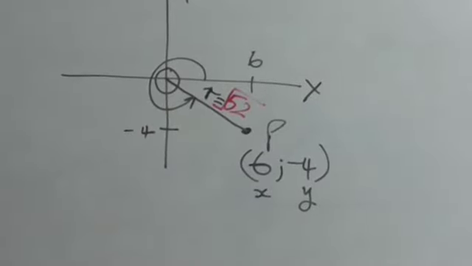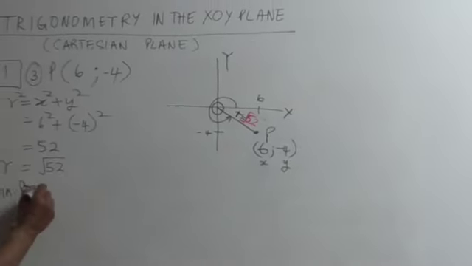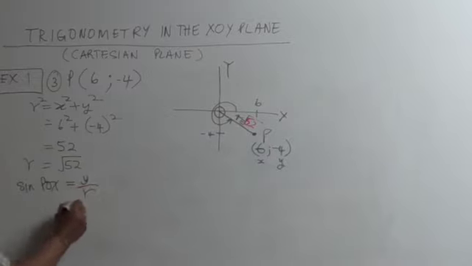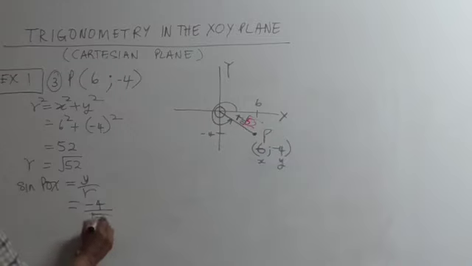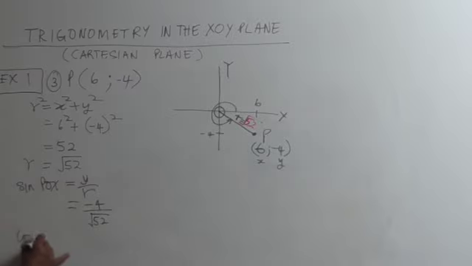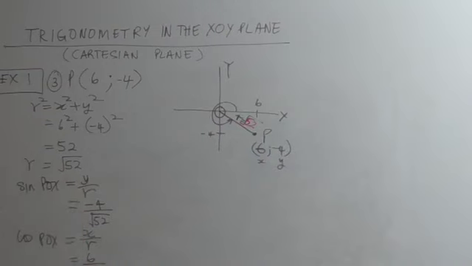You want sine POX, which is equal to y over r. Y is equal to negative 4. Don't forget the negative sign. Negative 4 over root 52. And then you've got cos POX, which is equal to x over r. X is 6, r is root 52.